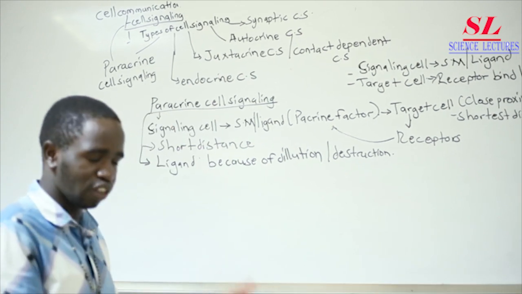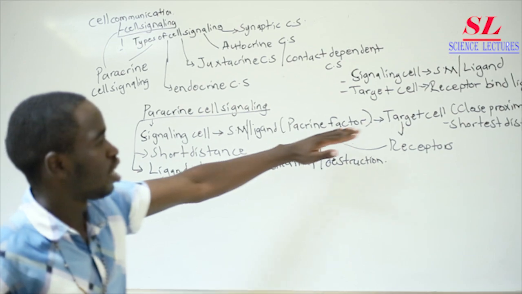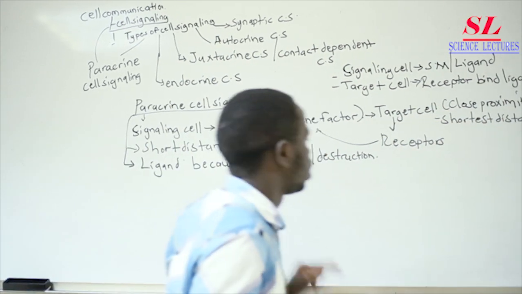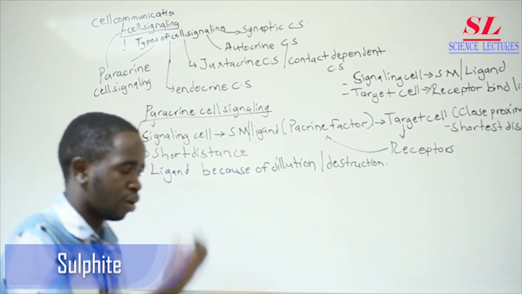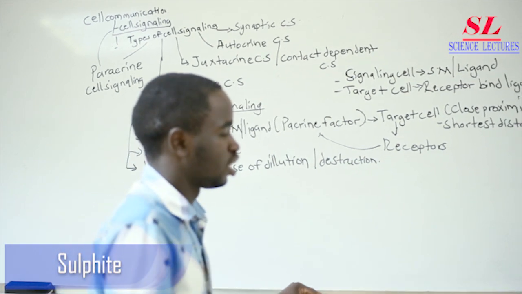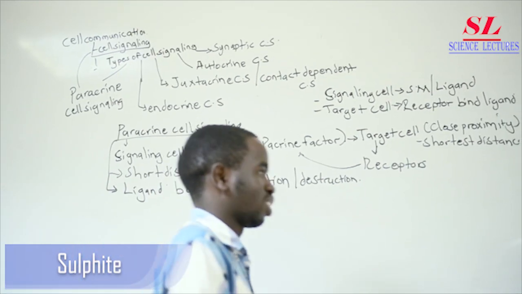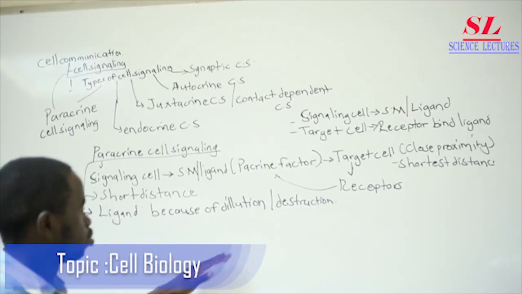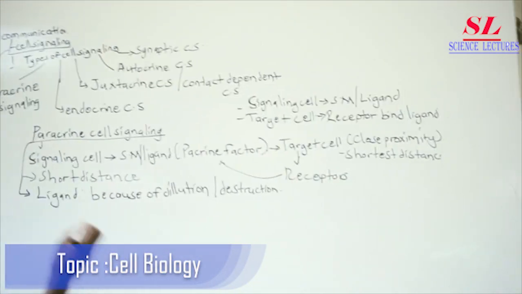Therefore, its effect on the various cells goes on reducing. That is why it acts on target cells within the closest proximity. Also, as its distance increases, more of it is destroyed, maybe by the surrounding cytoplasm, the surrounding fluids. And that is why still it will act on cells within the closest proximity.